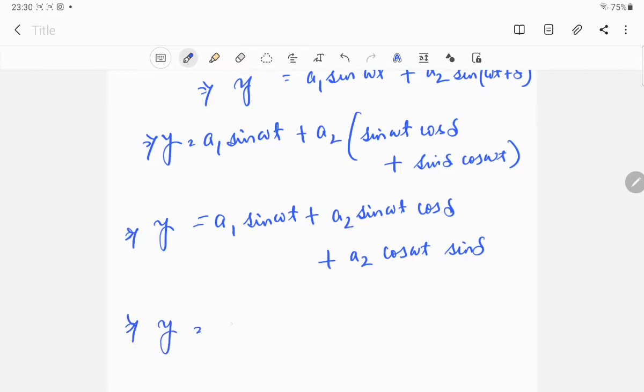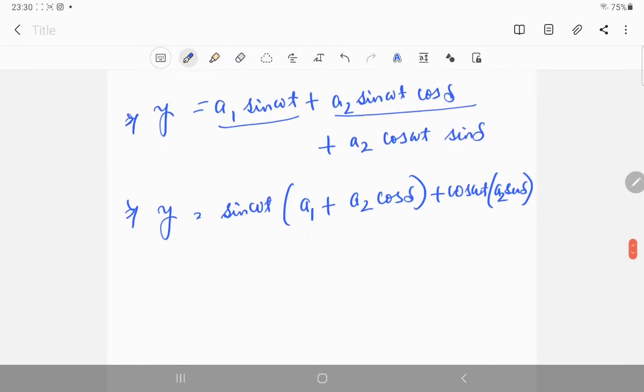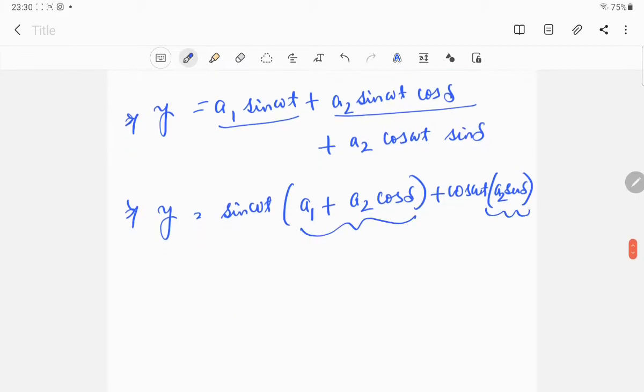So we can take sine omega t common from both these terms. So it will be (a1 plus a2 cos delta) cos omega t. What remains? a2 sine delta. So this thing we can represent in another form.